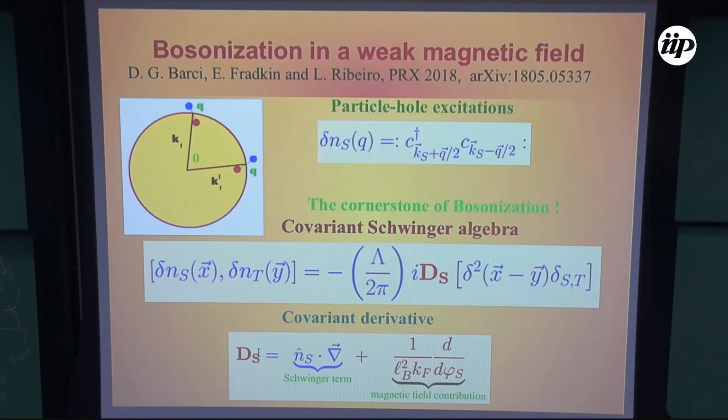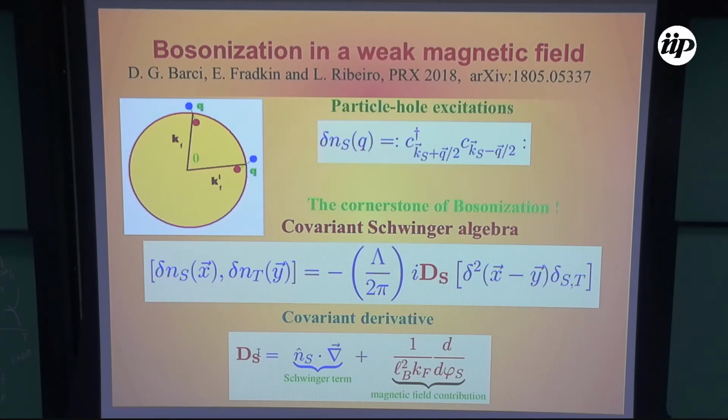Essentially, you compute this particle-hole excitation, compute the algebra, and you have essentially the same Schwinger algebra, but now it is a covariant Schwinger algebra, because this D is essentially a covariant derivative. The difference with Haldane is that we did compute it.